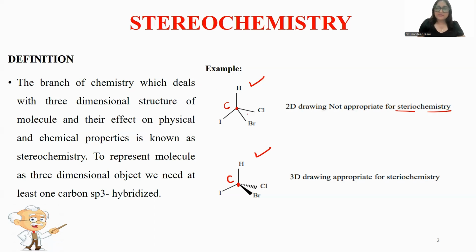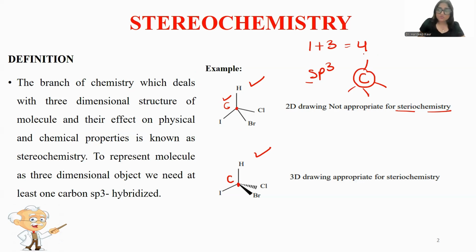To represent these molecules, first of all, this carbon should be sp3 hybridized. S means 1, P3 means 4. That means your carbon should be attached to 4 different groups.